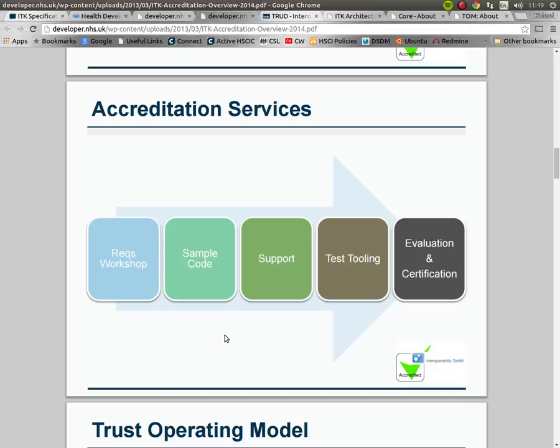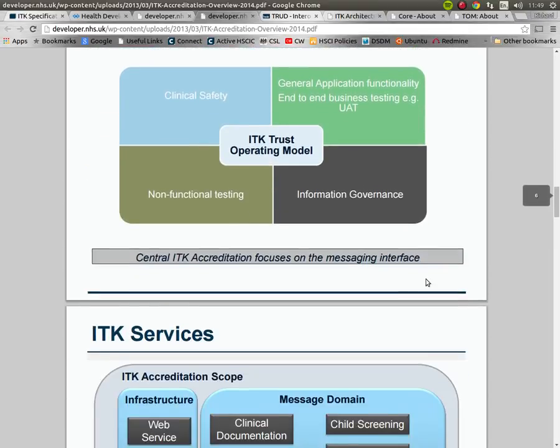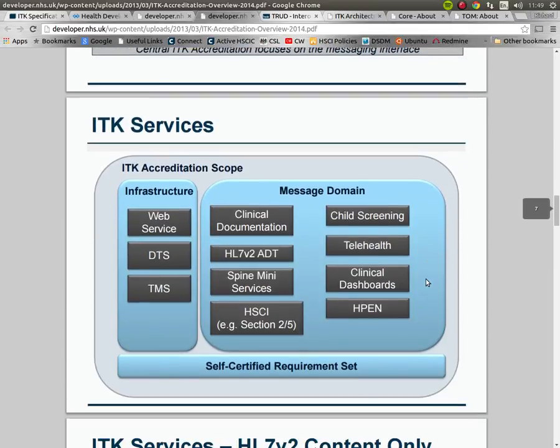So we tried to build it as much as possible so that it's very much focused on self-sufficiency, and effectively when you come to being evaluated and certified, you should basically minimise that rework process as much as possible. Already mentioned the trust operating model.